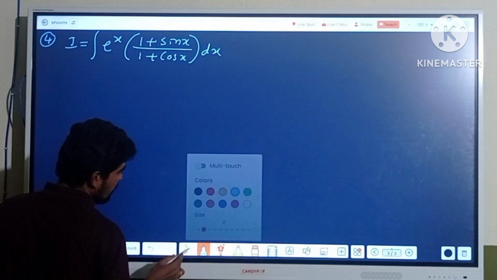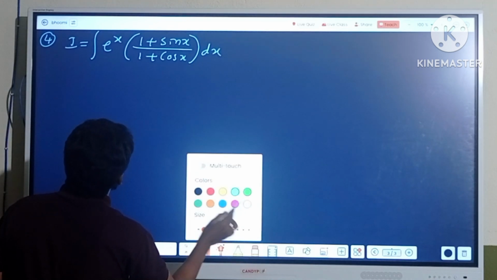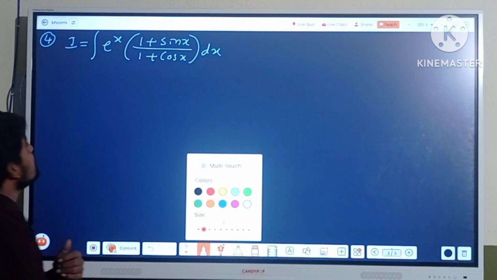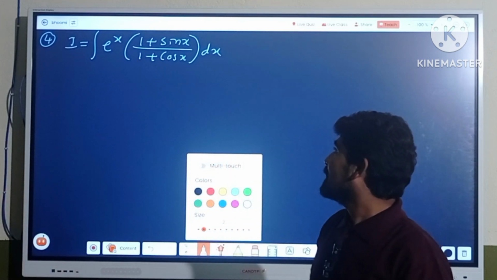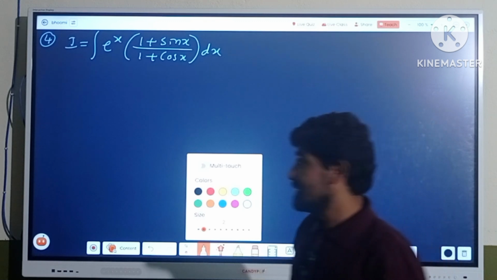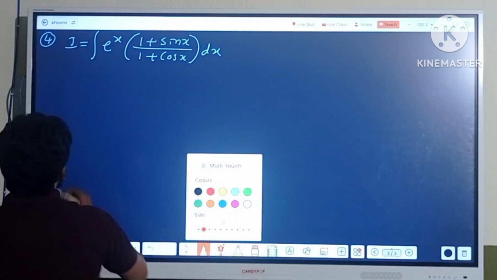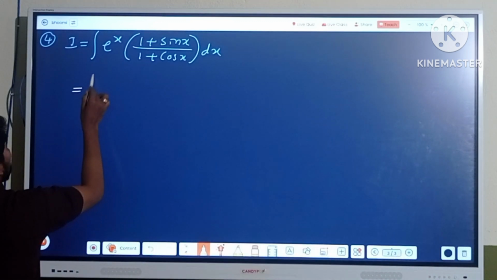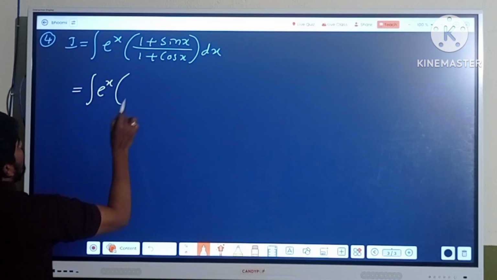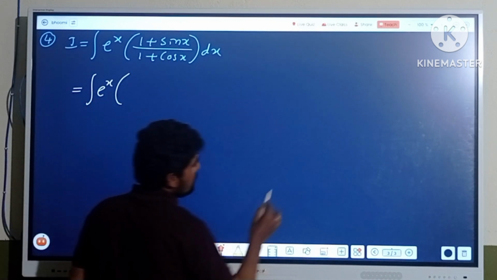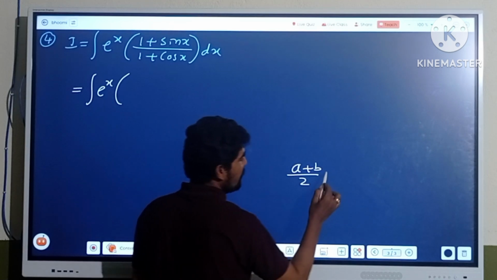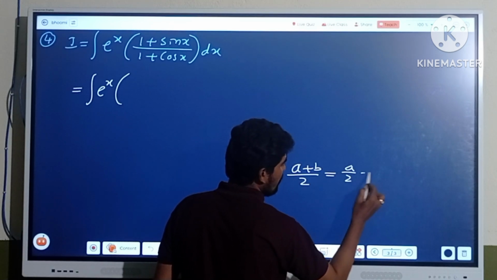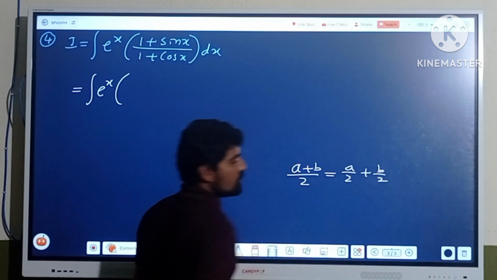Now observe here, to find the integral of this, first we need to express this integral problem in the form of integration of e power x into f x plus f dash x with respect to x. So now this can be expressed as: if a function is of the form a plus b divided by 2, it can be expressed as a by 2 plus b by 2.